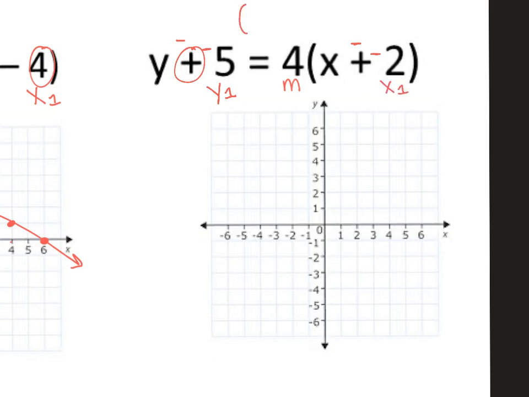Our coordinate point is negative 2, negative 5. We go negative 2, negative 5, and put a point. And our slope is 4, so we go up 4 and over 1. And put a dot. We do it again. And then we connect them. And that is our line.